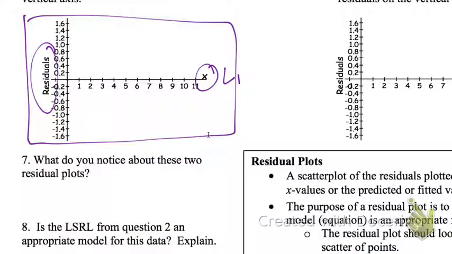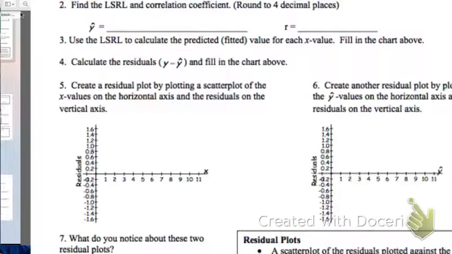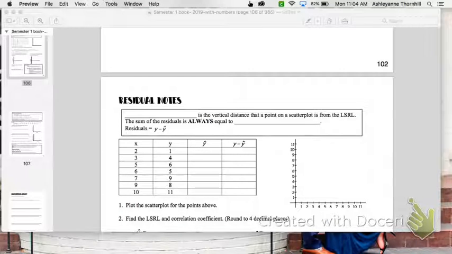So x list is x, y list is residuals. We are going to make a second residual plot where the x list is our predicted y's and our y list is residuals, just to show you what they look like and if they are the same. The only reason we do this is to show you that they end up looking the same.